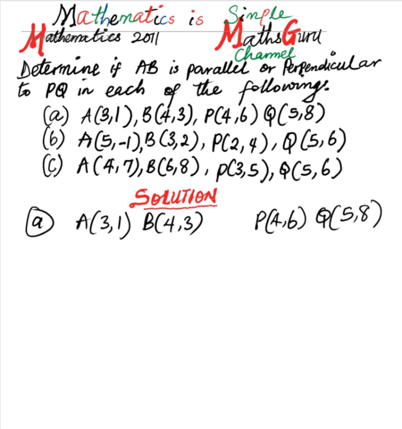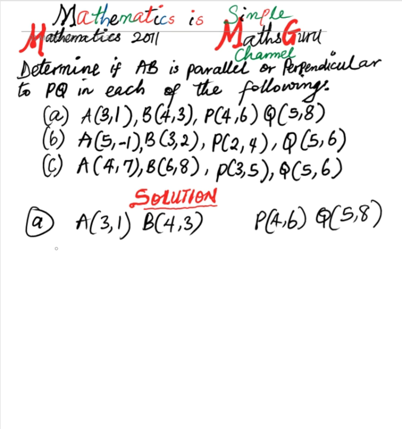Now there is something we need to know: if two lines are parallel, the slopes, or the gradients, will be equal. And we recall that in taking the gradient of the line AB, we simply take the change in y over change in x, that is dy/dx of the line AB.